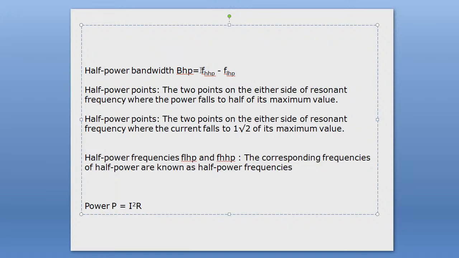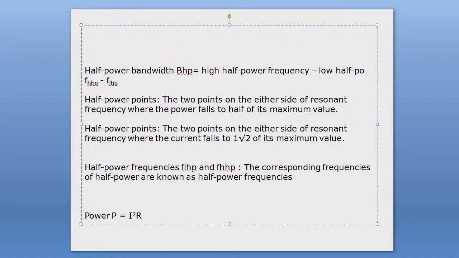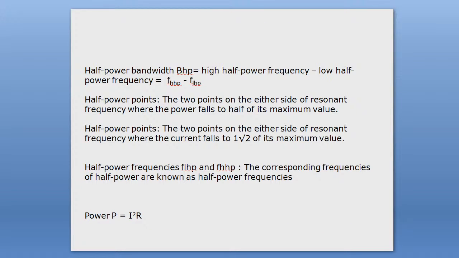So you write here: high half power frequency minus low half power frequency equal to like this. So this is the bandwidth of the circuit.